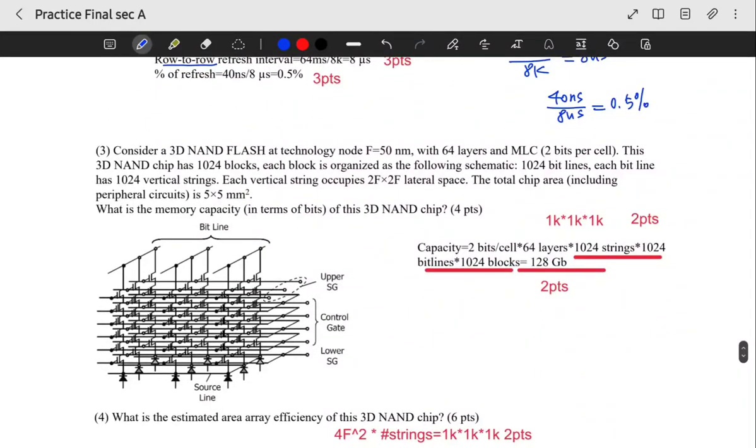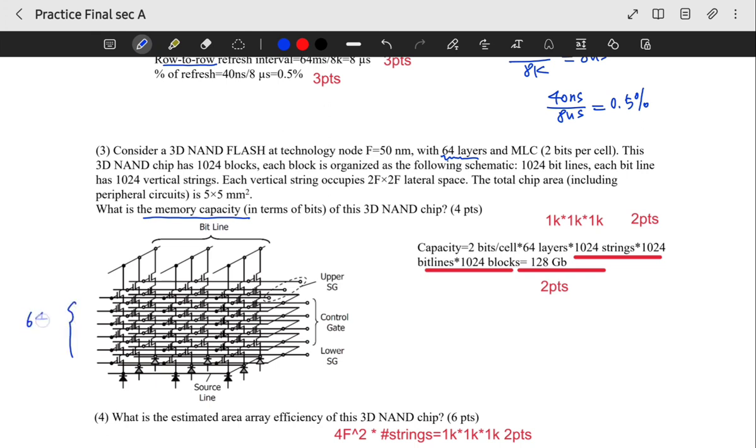And the third question is asking about what is the memory capacity of this 3D NAND chip. So memory capacity, and if you see, it says 64 layers, which means this is the Z-axis.